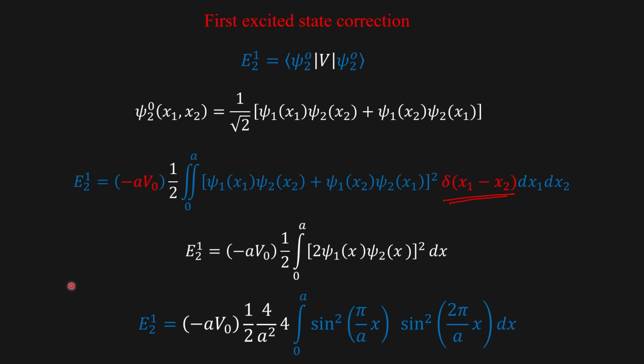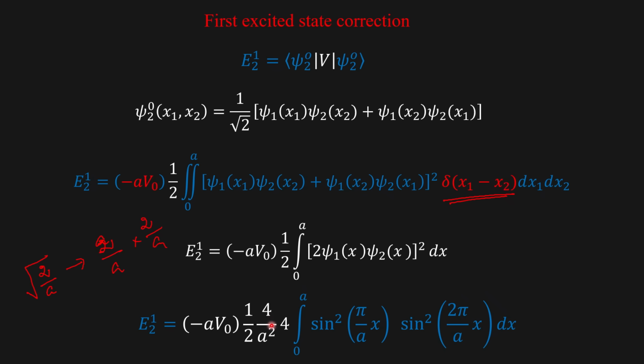So the normalization constant for the infinite square well potential is square root of 2 over a. Then the square is 2 over a. There is another sine term here, so you will get another 2 over a, which will become 4 over a squared.